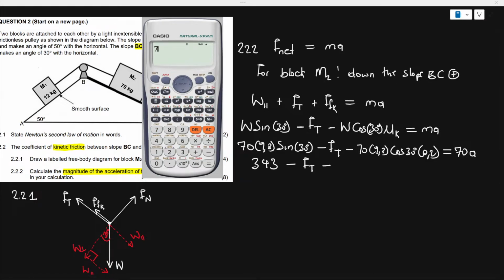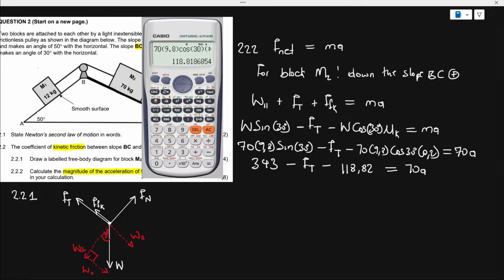So this is 70 multiplied by 9,8 multiplied by cos of 30 multiplied by 0.2. And this is equal to 118,82 if we round to 2 decimal places. So that is equal to 78.